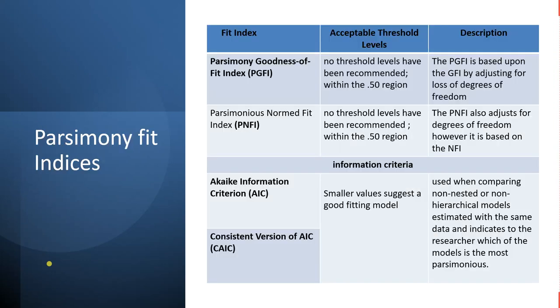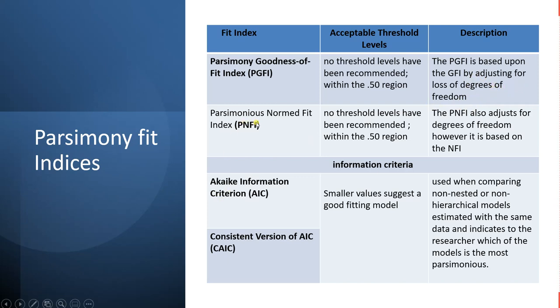In parsimony fit indices, the two commonly used indices are PGFI, the parsimony goodness of fit index. As the name suggests, it is based on GFI by adjusting for loss of degrees of freedom.